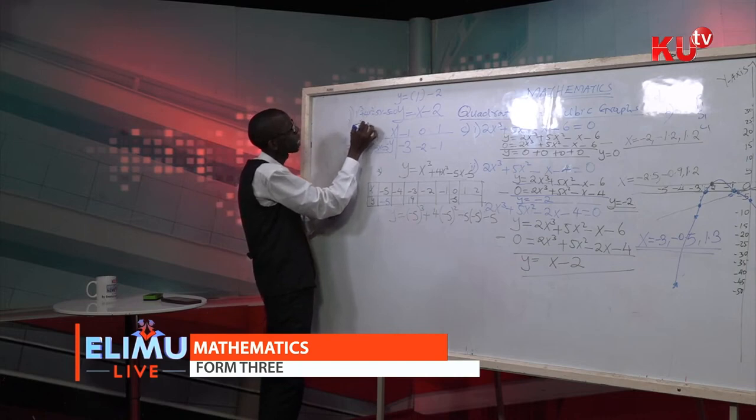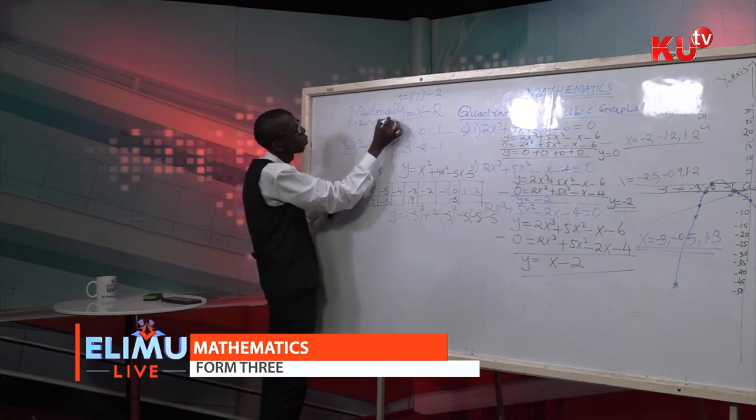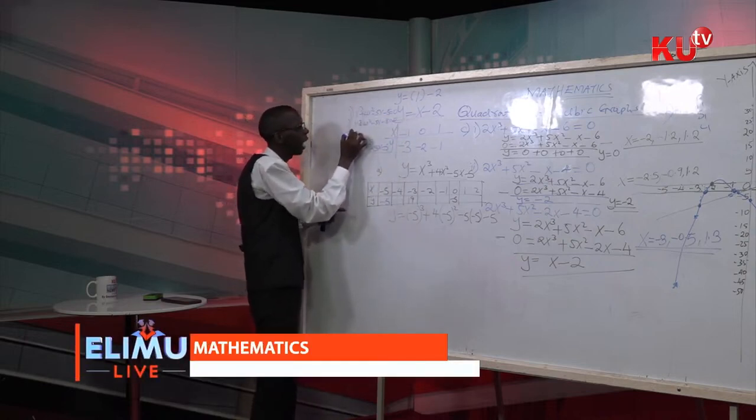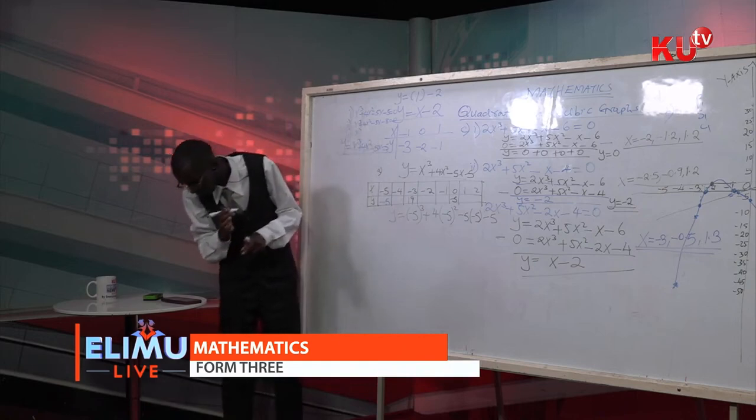Roman 2: x cubed plus 4x squared minus 5x minus 8 equals 0.